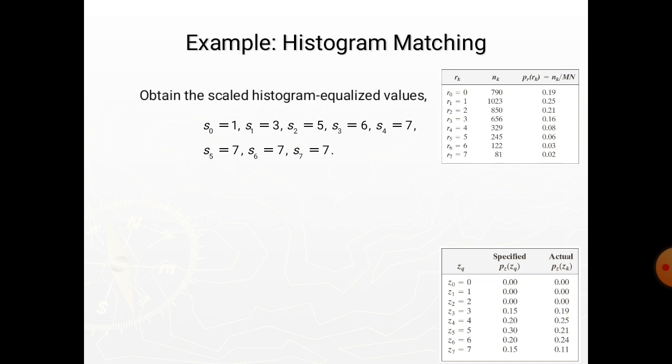Get the histogram transformation function and make the output image with the specified histogram listed in the table on the right side.